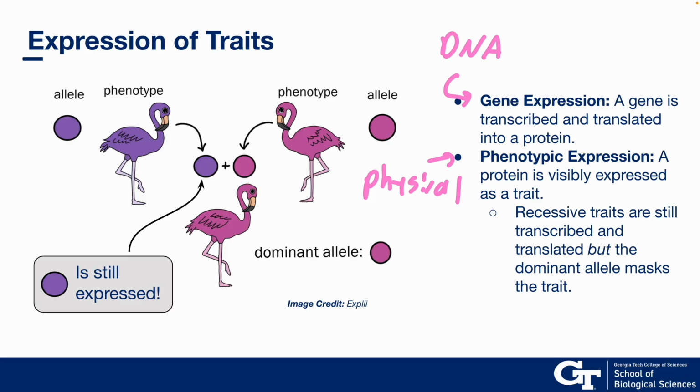So just having one copy of it creates a pink flamingo. However, this pink flamingo came from a purple flamingo and a pink flamingo. The genes coding for purple are still expressed. That's very important to understand. Gene expression is occurring. The purple protein is getting made, but is being masked by the pink allele because it is dominant.